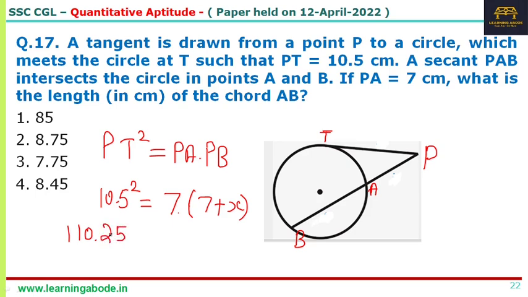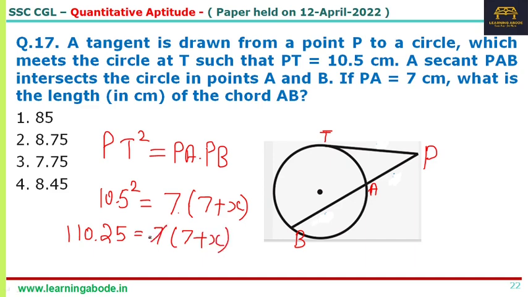So 10.5 square we can write as 110.25. Now how to calculate this quickly, there is a separate video on how to get squares quickly. It's a short video, just 40 seconds or so, you can check that, it will be useful. So 110.25 is equal to 7 into 7 plus x.